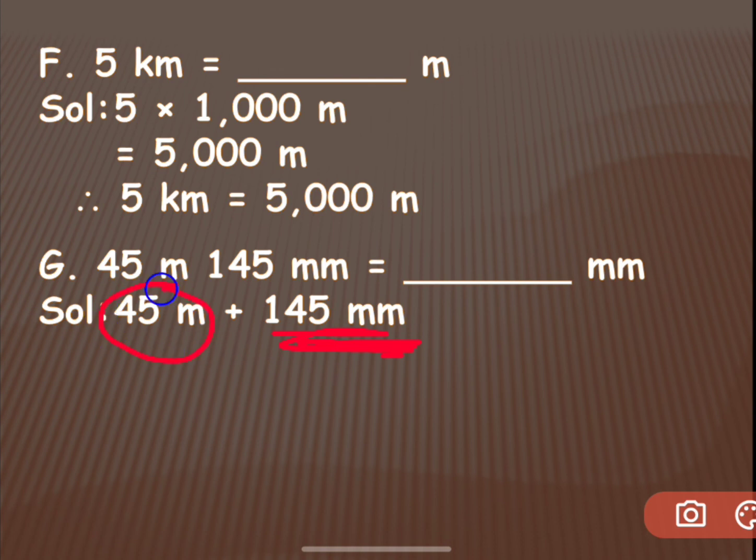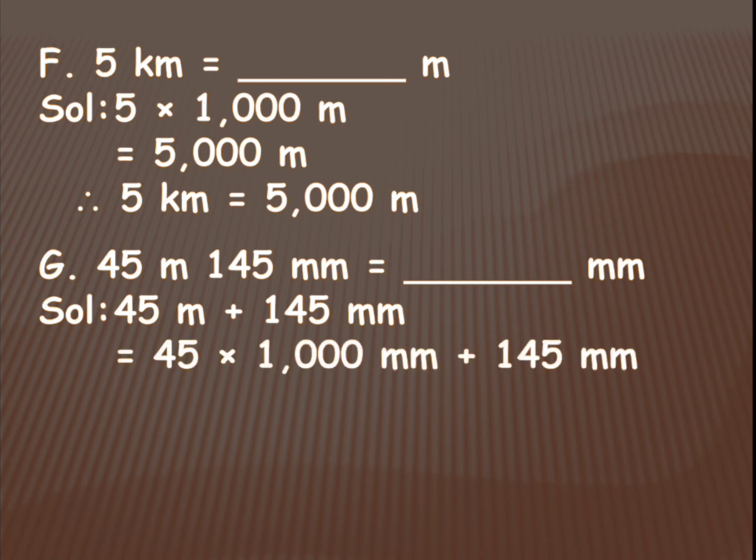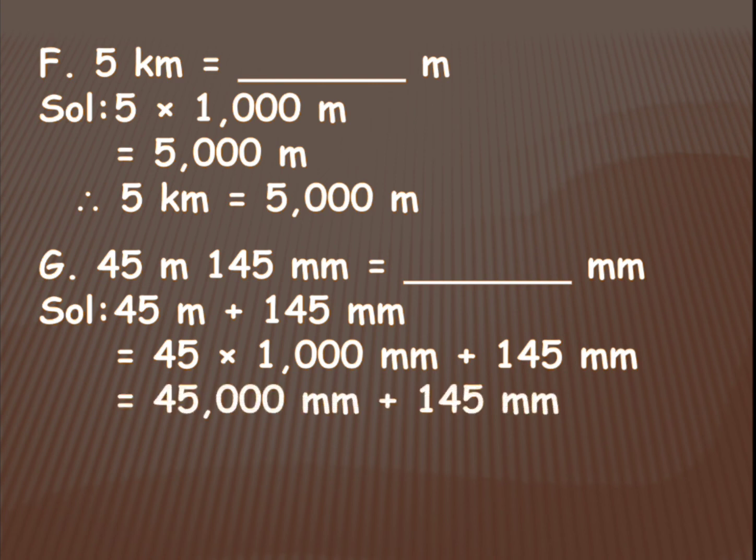This we have to convert. For meters into millimeters we need to multiply with what? With 1,000, isn't it? 1 meter is equal to 1,000 millimeters. So you will multiply with 1,000, then that becomes 45,000 millimeters. Now both are in millimeters, isn't it, children? So you can add here.